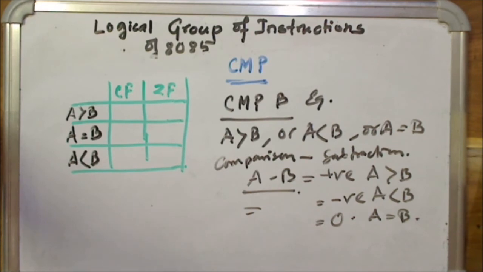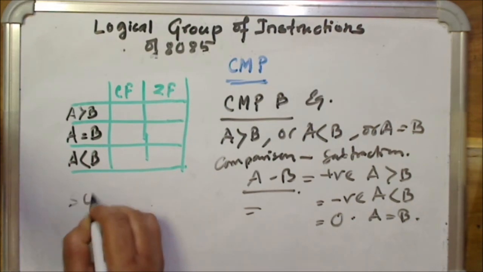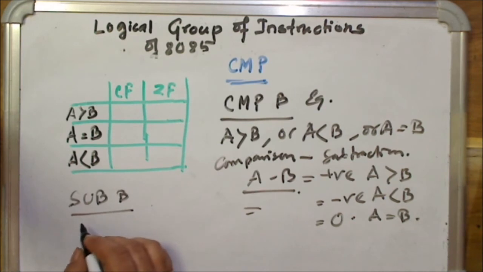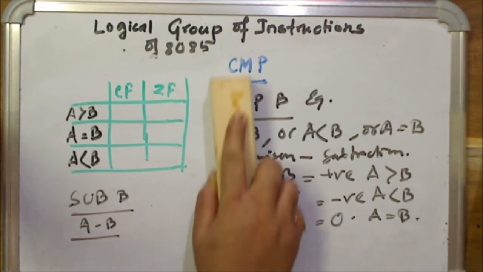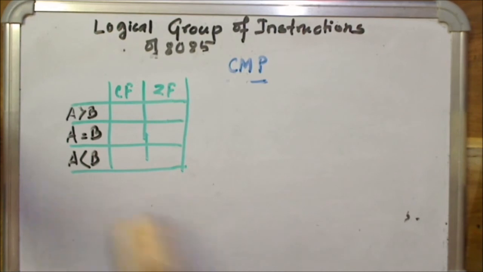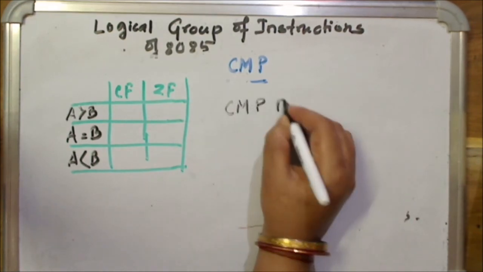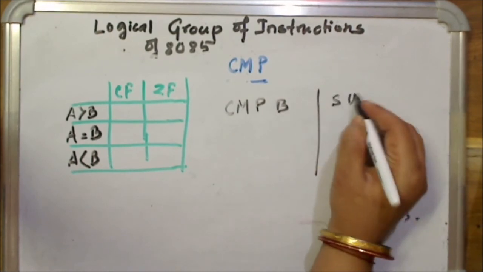Now, can you tell what is the other instruction that does A minus B? Yes, it is sub B. If you write sub B also, then the processor does A minus B. Now, what is the difference between this compare B and subtract B?